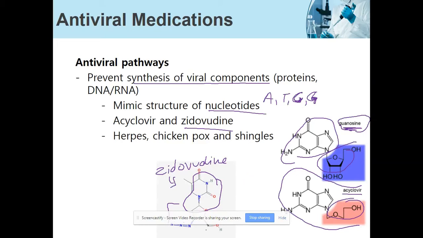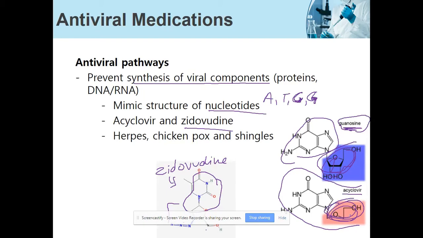So what happens is these guys get incorporated into the DNA. They're used when copies of the DNA are made. They're used when messenger RNA is made. And instead of this making it work correctly, this messes it up. And so even though we have copies of the viral DNA being made, it's made incorrectly.